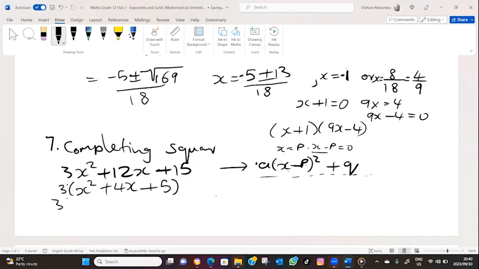The next step will be, if I want to complete the square, first of all, I know that in order to get this value, I have to multiply the expressions in the smaller brackets.